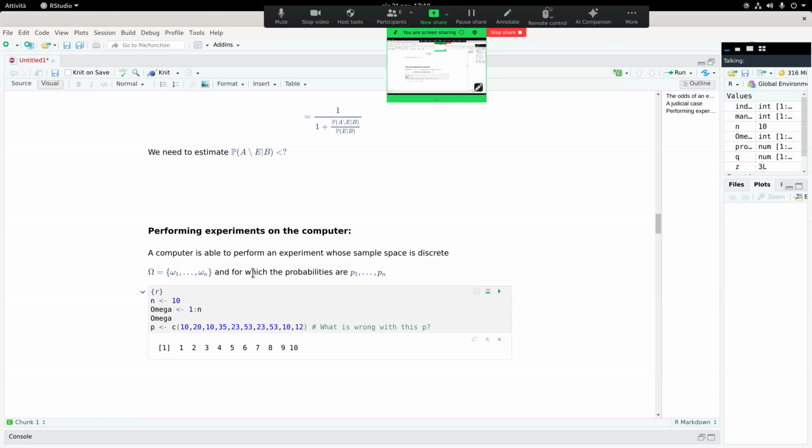I'm giving a vector. This p are the probabilities of these elementary events. But of course, they are not even less than 1. So how can we transform p to a probability?